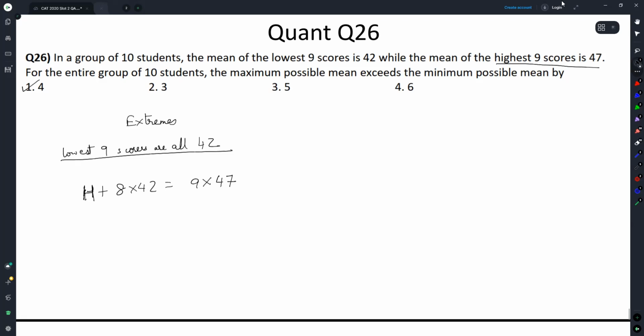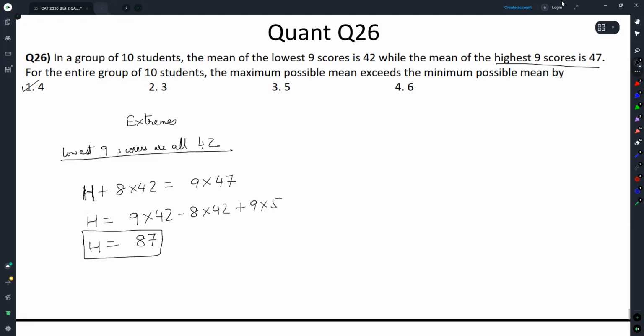So highest will be equal to 9 into 42 minus 8 into 42 plus 9 into 5. I've broken down 9 into 47 into 9 into 42, 9 into 5 just to make it easier. H is equal to 42 plus 45 or 87. The highest score here is 87.